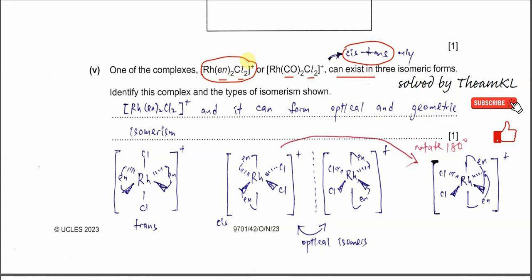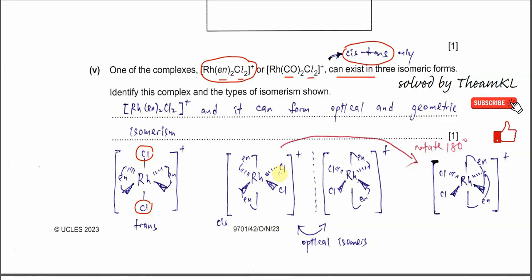So how do we get these isomers? The trans isomer looks like this one. With the En, we had better discuss the chloride. The chlorides are at opposite sides, so this is a trans isomer.